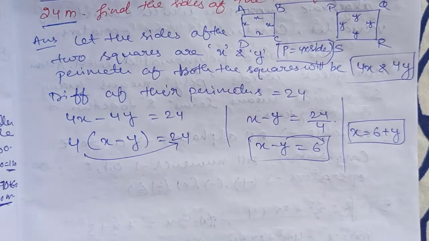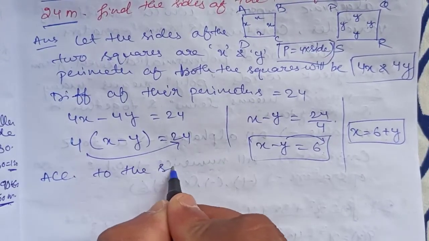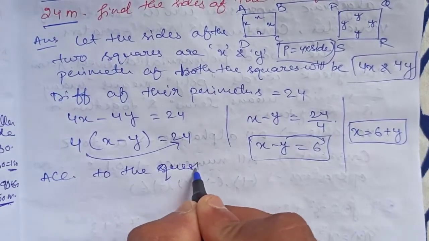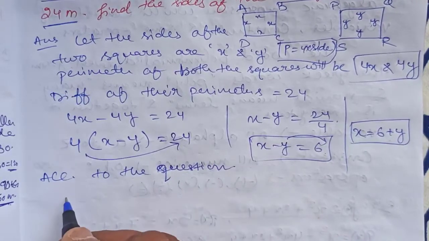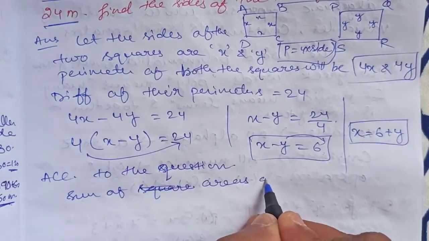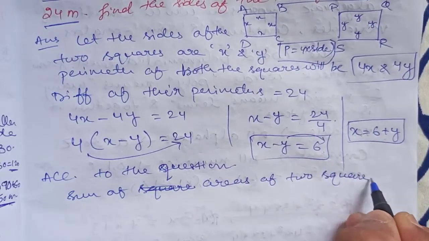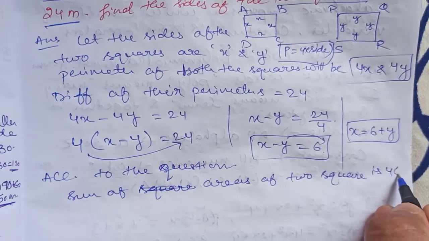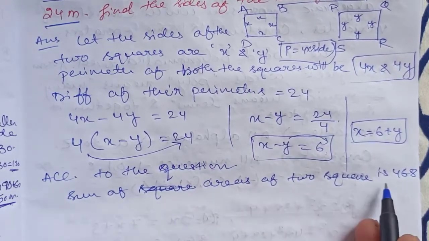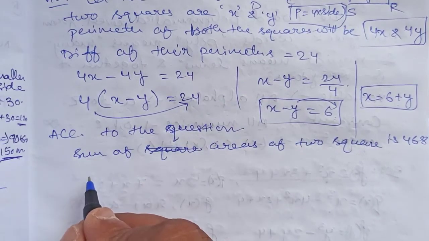Now what is given in the first line of the question? According to the question, the sum of the areas of two squares is 468. So what is the area?